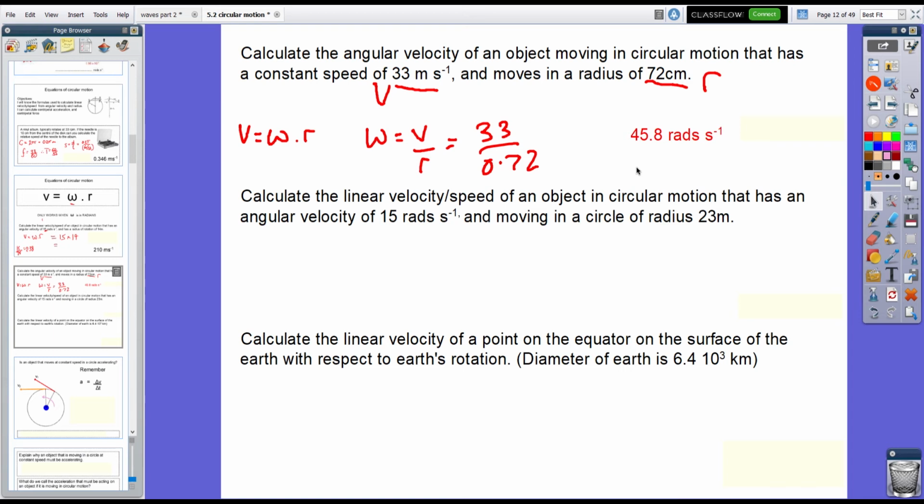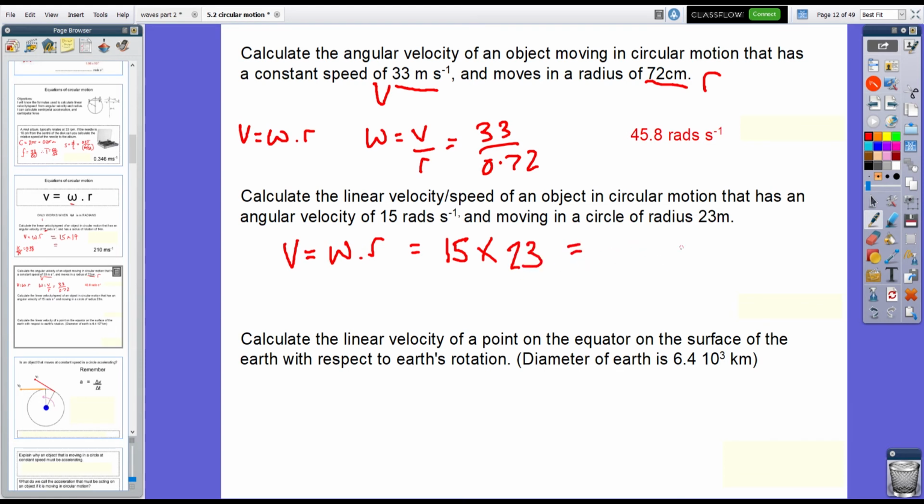Second one: calculate the linear velocity or speed of an object in circular motion that has an angular velocity of 15 radians per second and moving in a circle of radius 23. Okay. The formula I'm going to write down, no surprise: v equals omega r. Omega is 15 radians per second, so that's 2.4 cycles per second, and r is 23.